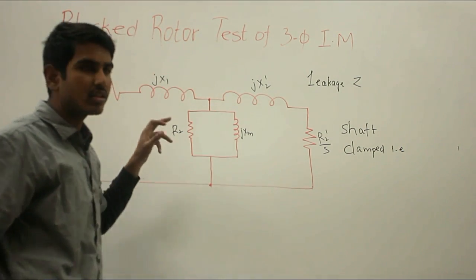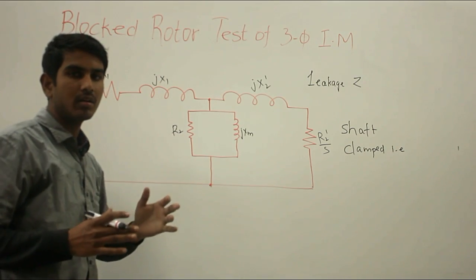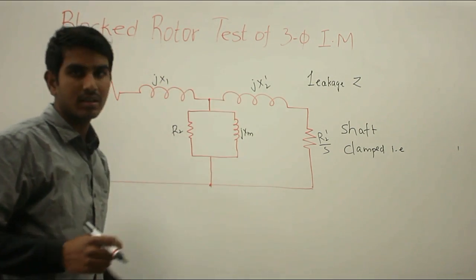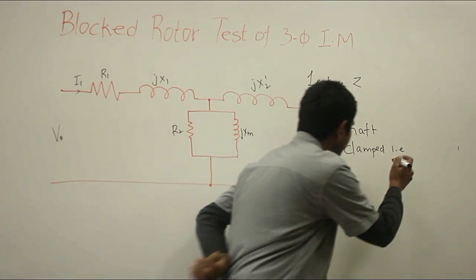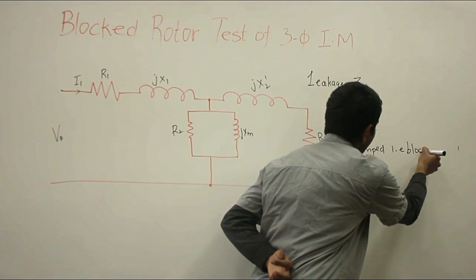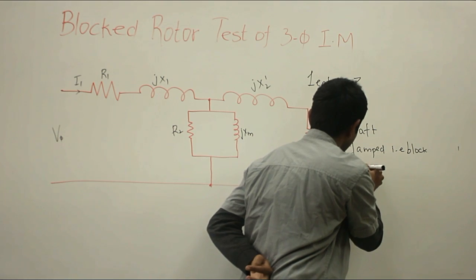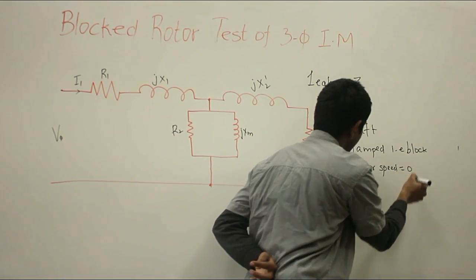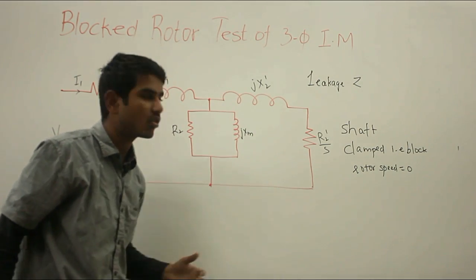In laboratories you can block the rotor with your physical hand and conduct this test. So the rotor speed is equal to 0 and the rotor winding is short circuited.